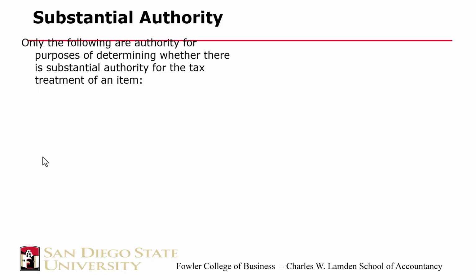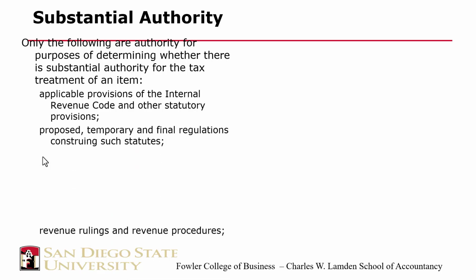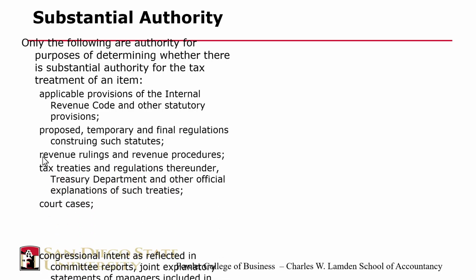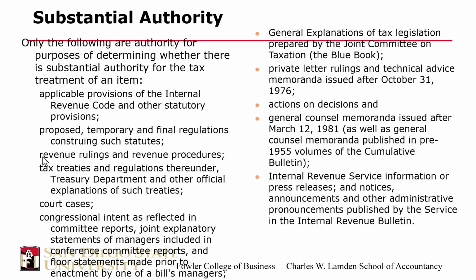So what is substantial authority? Well, it means that you've determined that there's some authority or guidance that says you could take that position in all of these different sources. And if you're in 650, we'll talk about what these are this semester. But these are all things that are published in one way, shape, or form as either part of the statutory, the administrative, or the judicial law of taxes.